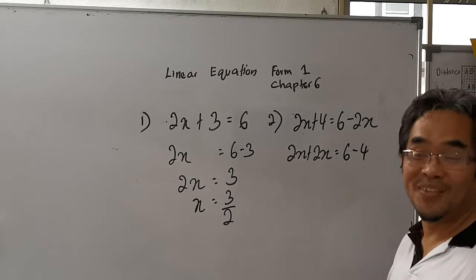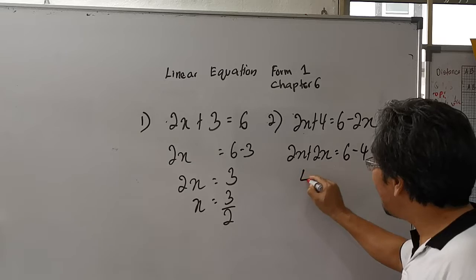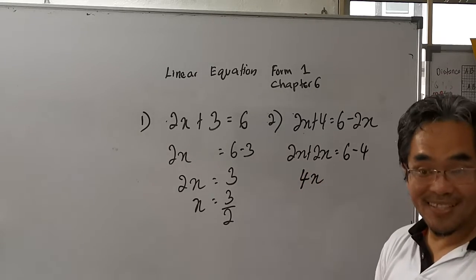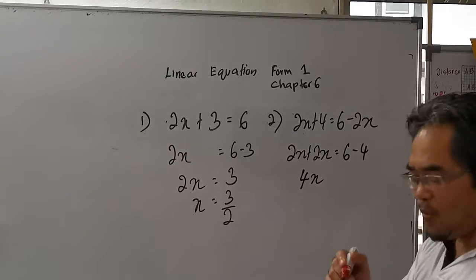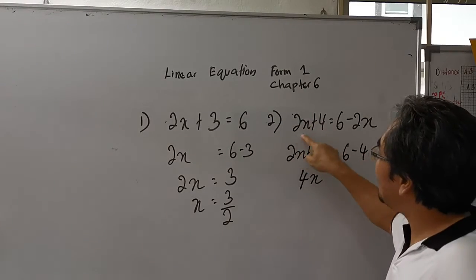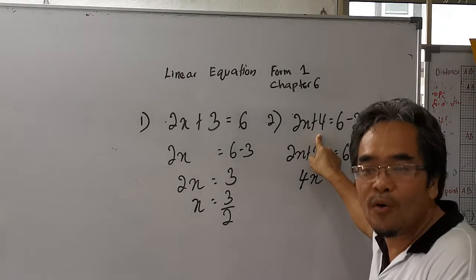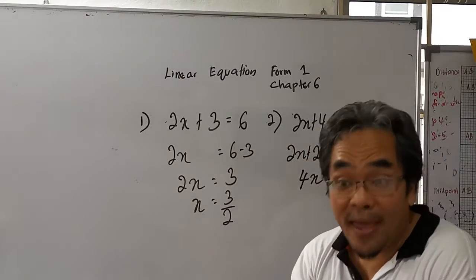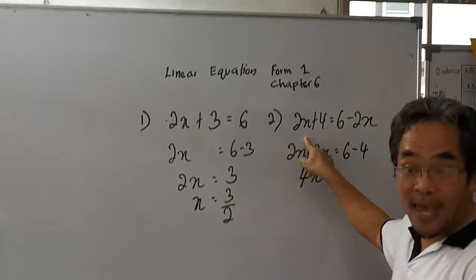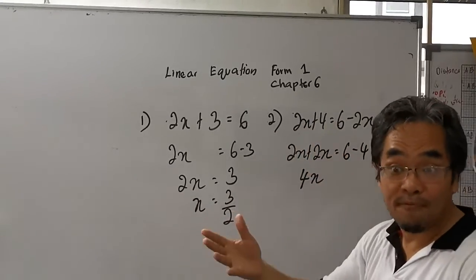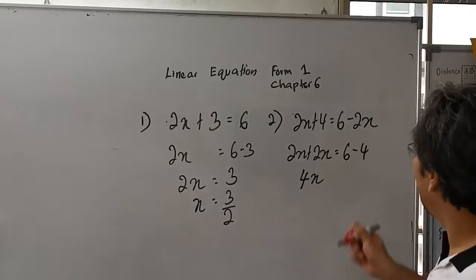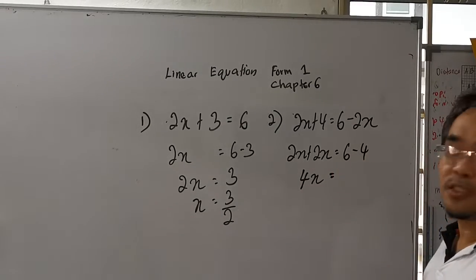What is 2 plus 2? 4. But the answer is 4x. Anyway, do you know what is the value for 2x plus 4? You cannot add because 2 has x and 4 doesn't have. So 6 minus 4?